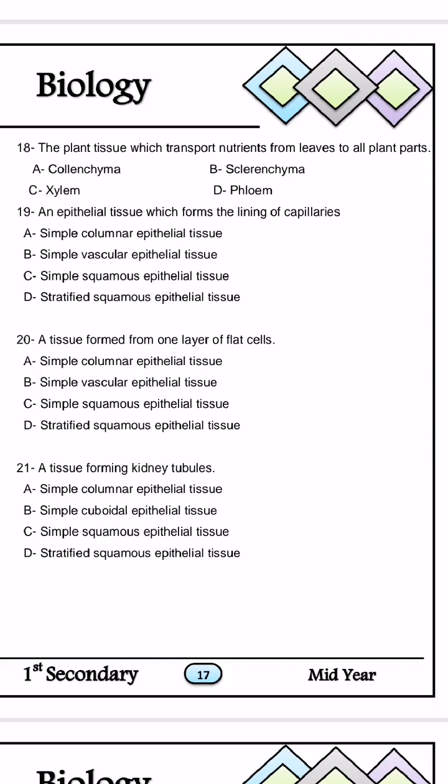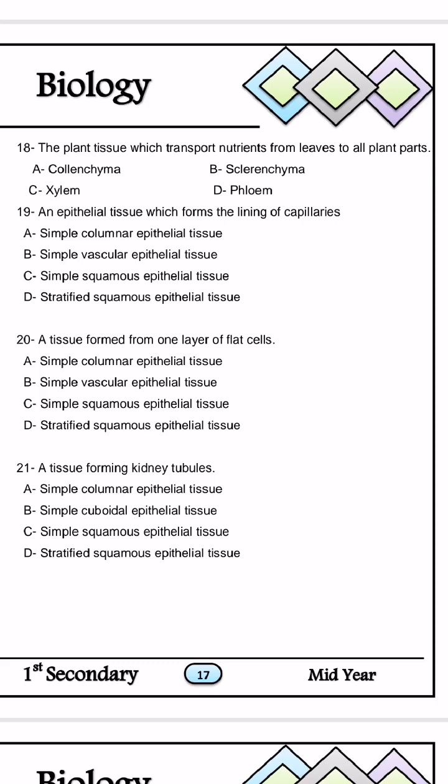Number 20. A tissue formed from one layer of flat cells: simple columnar, simple vascular, simple squamous, or stratified squamous epithelial tissue. The answer is simple squamous epithelial tissue. Number 21. A tissue forming kidney tubules: simple columnar, simple cuboidal, simple squamous, or stratified squamous epithelial tissue.